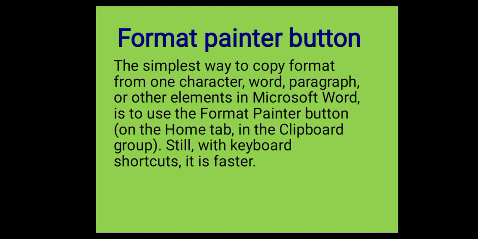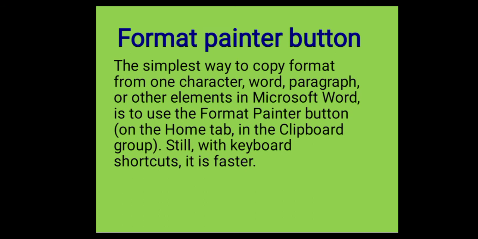Next is the format painter button. The simplest way to copy format from one character, word, paragraph or other element in Microsoft Word is to use the format painter button. It is placed on the Home tab in the Clipboard group.